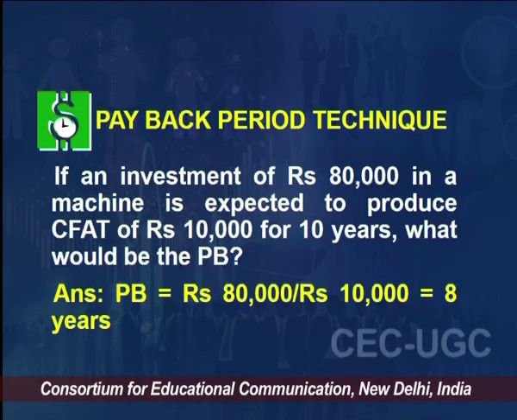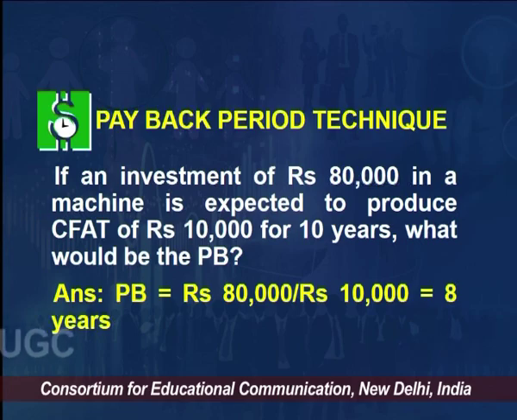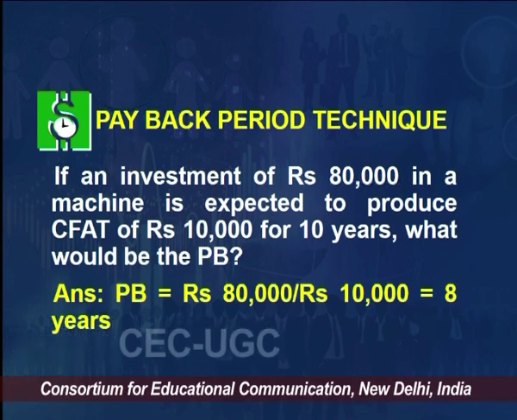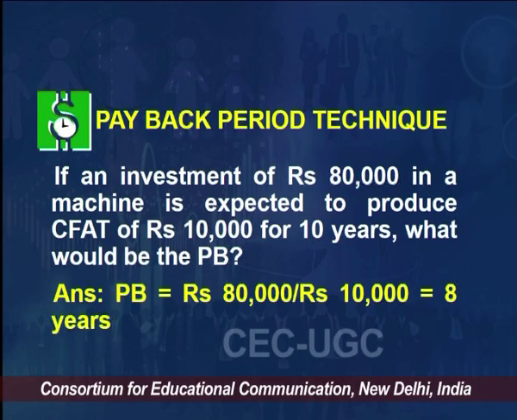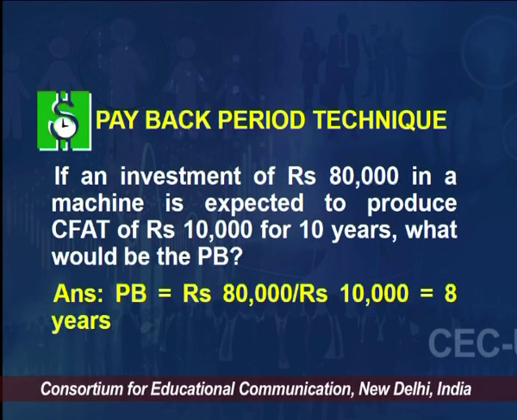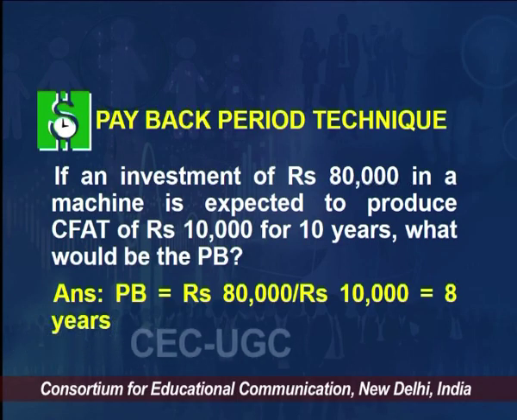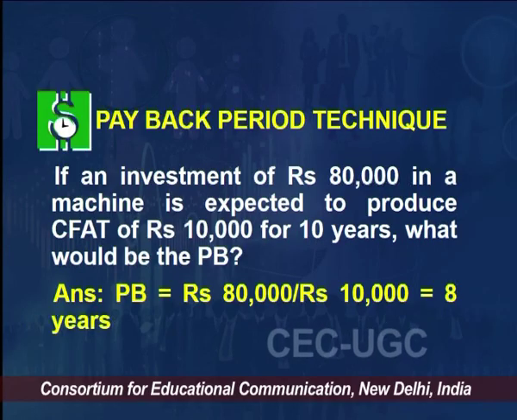If an investment of 80,000 in a machine is expected to produce CFAT of rupees 10,000 for 10 years, what would be the PB? The expected investment is 80,000, and expected cash flows after taxes are 10,000 for 10 years.